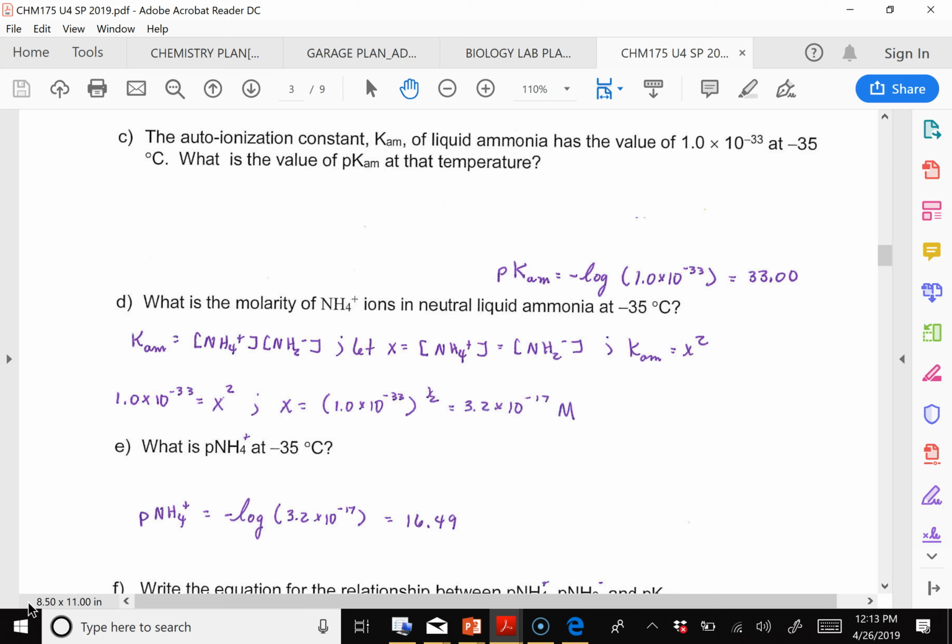And then the last one, E: what is the pNH4+? I put the little pluses because I think it should have them. But anyway, apply the p function to this value, and you get 16.5-ish.